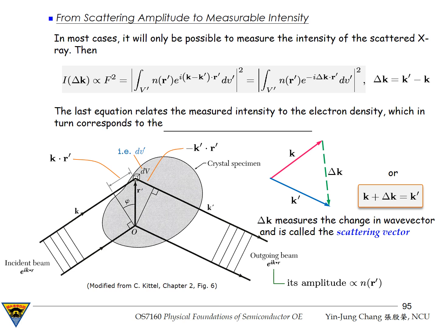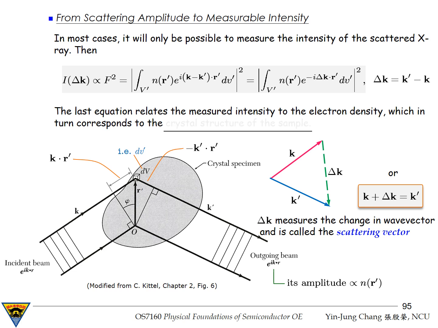Now, if we define the scattering vector as delta k equals k prime minus k, which is the change in wave vector caused by scattering, then the phase factor e to the i k minus k prime dot r prime can be rewritten as e to the minus i delta k dot r prime. We end up with the expression shown here.